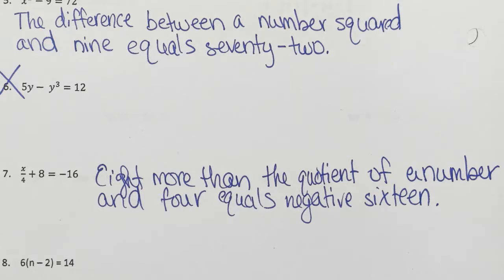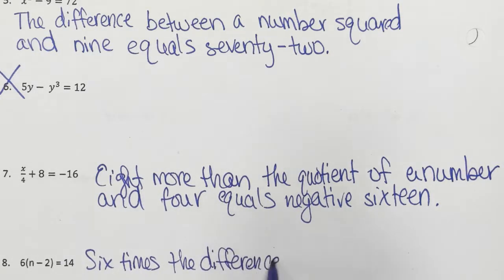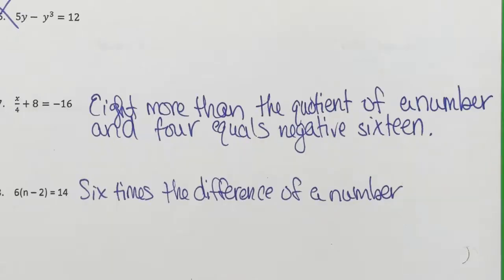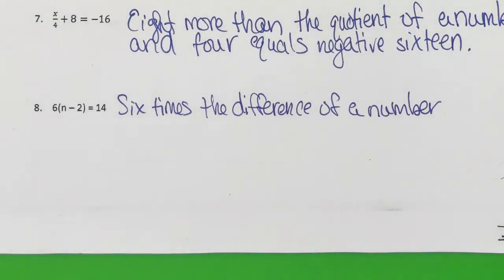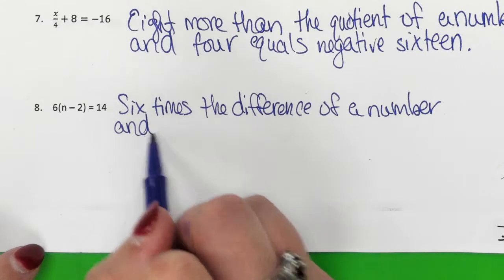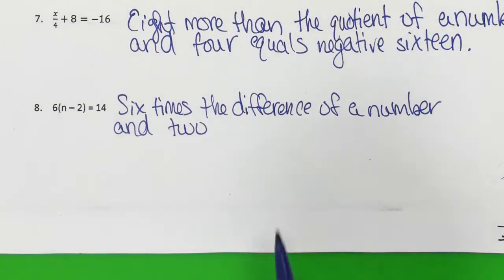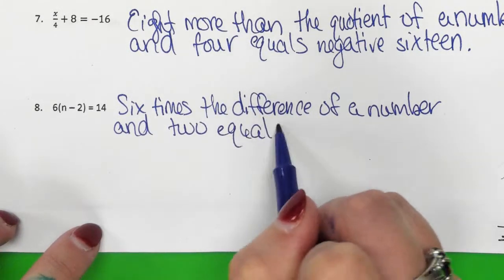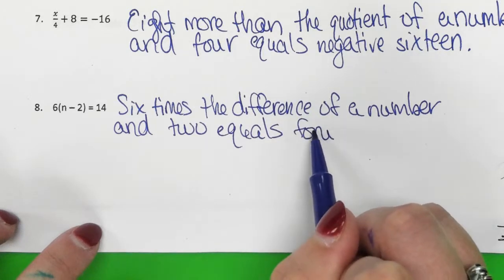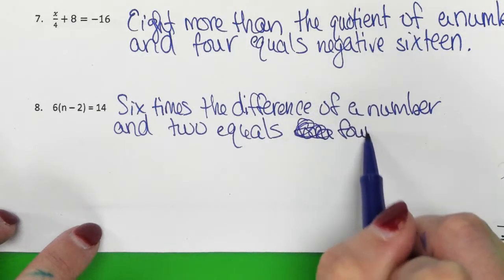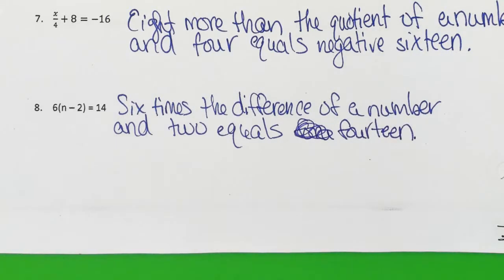What did y'all start off with? All right, what'd you say after that? 6 times the difference of a number, and then a number and 2. Very good. Equals 14. Pretty easy stuff, right? Oh, Lord, I can't spell today. Got it good? Y'all okay?